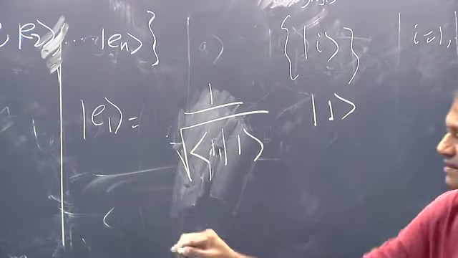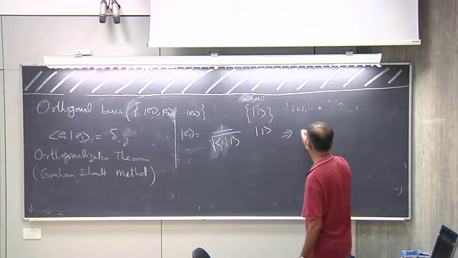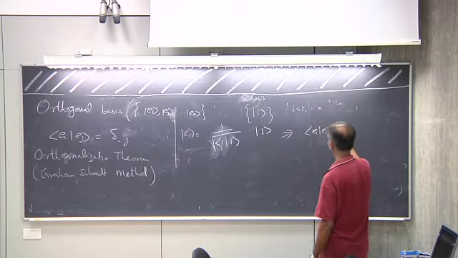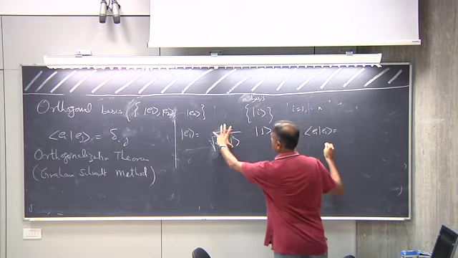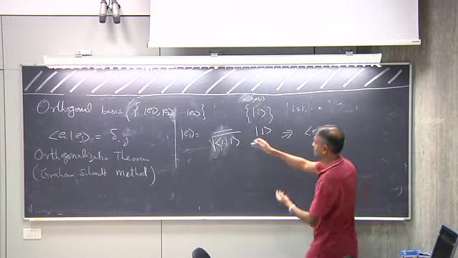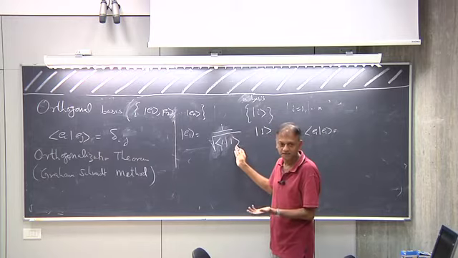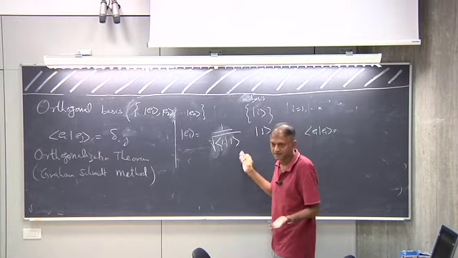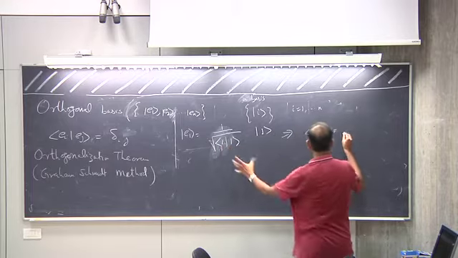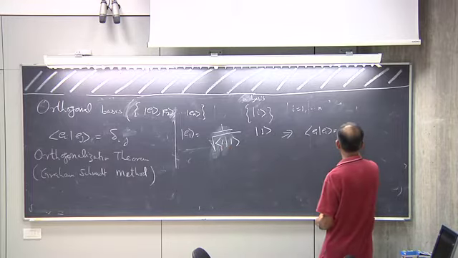Now this is immediate to check: E1 with E1 is in fact 1. Why? Because this is a positive, real number. When I take the dual, I have to take the complex conjugate, but since it's real, it's the same. So you just get the square of this factor times f1 with f1, which is 1.